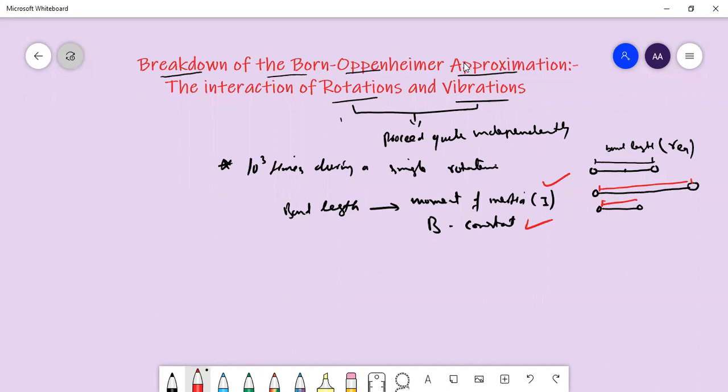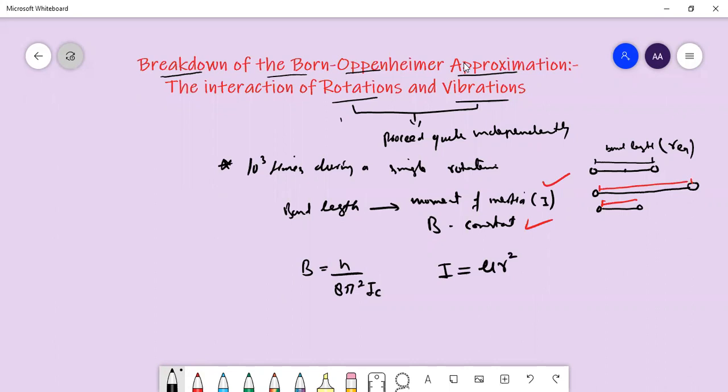We have already discussed that the rotational constant B is equal to h upon 8 pi squared I c. And we know that I, the moment of inertia, is equal to mu r squared.